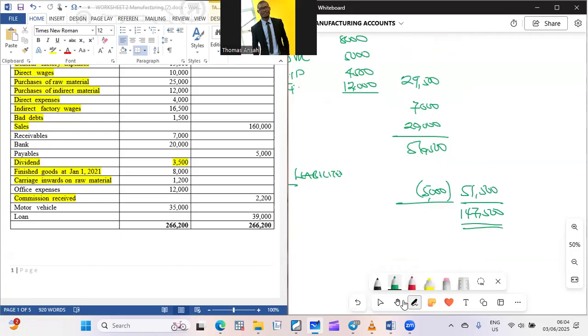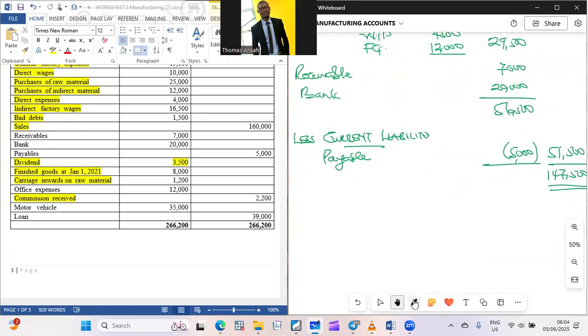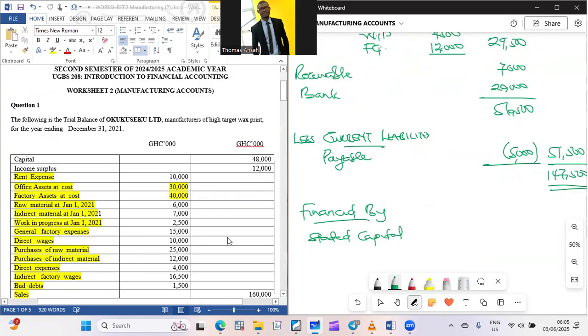All right, that's that. How am I financing this? Financed by, what is my stated capital? $48,000. Then I have income surplus. That's like retained earnings, okay?